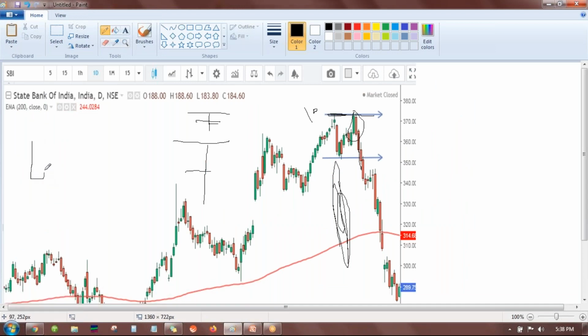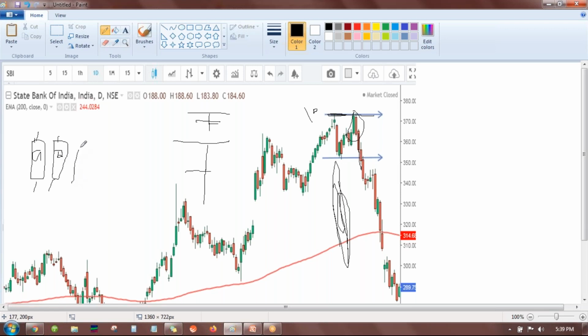For example, it is a bullish candle, a green candle. Right after it we have a red candle, which has closed right near here. So it is still a pin bar. What is happening?